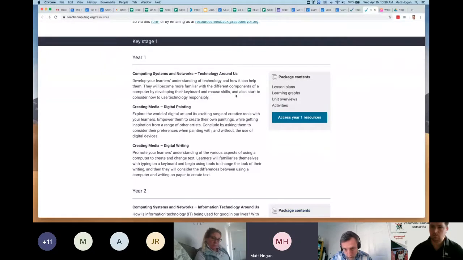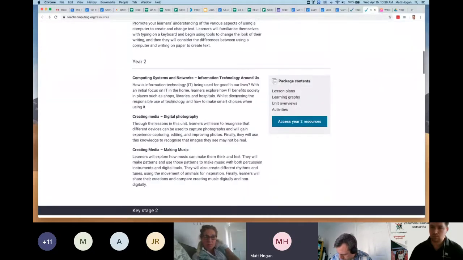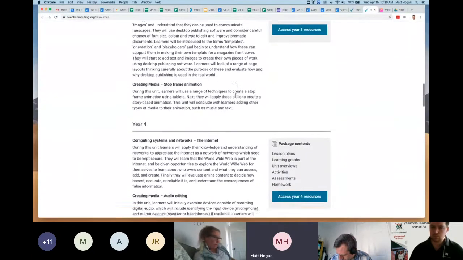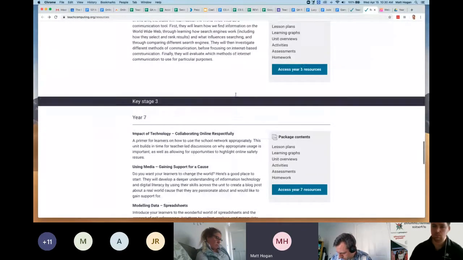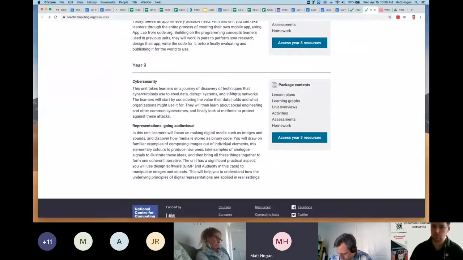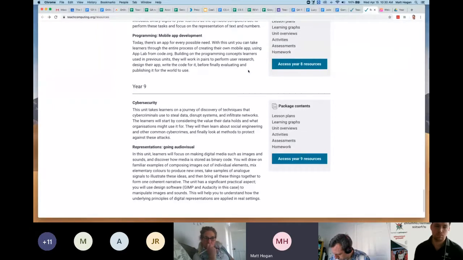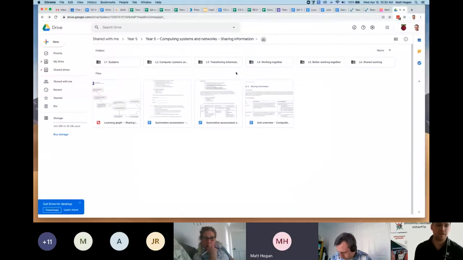You can see the units that are there at the moment. More are being added. You've got year 1 all the way up to year 9 at the moment, but by July there will be units and resources for GCSE computer science. So everything that you need. If we go into one of these, it just takes you to Google.